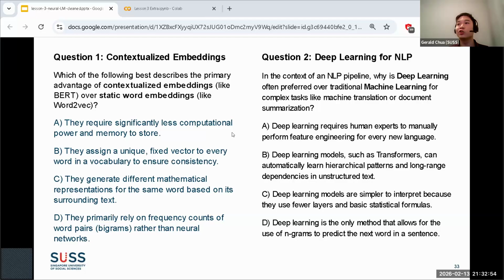Long story short, all of you seem to have gotten the response, which is that contextualized embeddings are a mathematical representation for the same word based on its surrounding context. And deep learning for NLP: transformers learn hierarchical patterns for long-range dependencies in unstructured text. But what that means is that it's just using information from the whole sentence to make predictions.